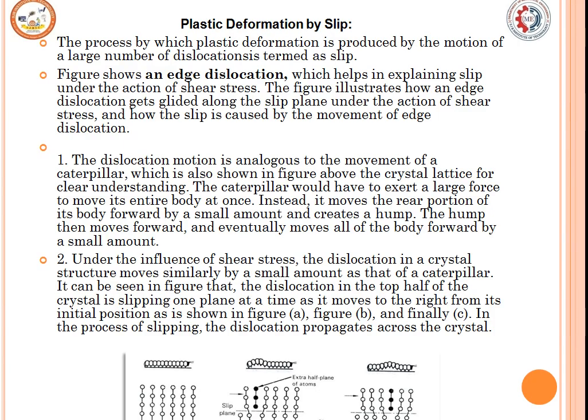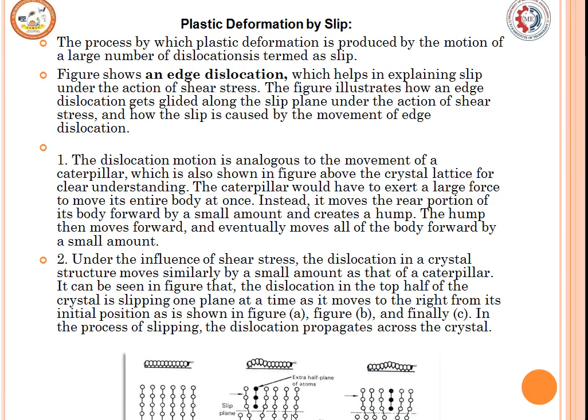In the case of plastic slipping, you can see there may be atoms partially on one side and the other side also, where the dislocation of atoms occurs with respect to the slip plane. In the first phase you can see the atoms are aligned in the same vertical direction.